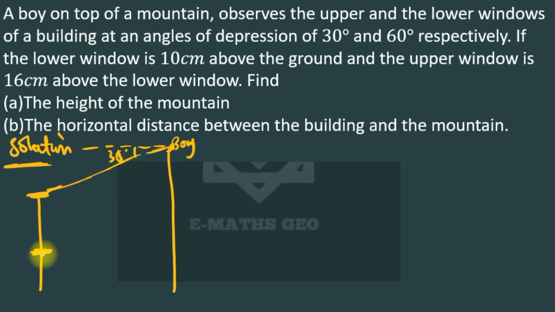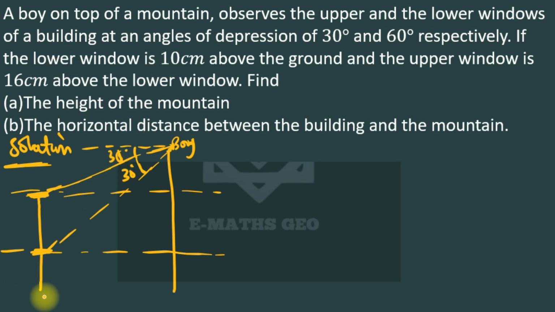And he also observes the lower part at an angle of depression of 60. So meaning here should be 30. They told us that the lower window is 10 cm from the ground.